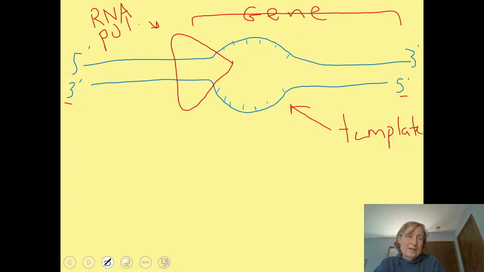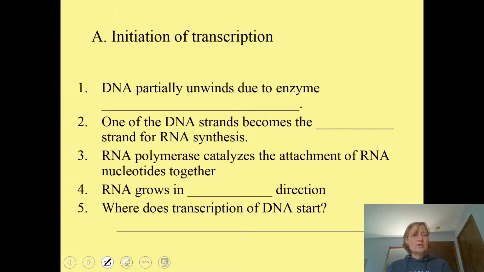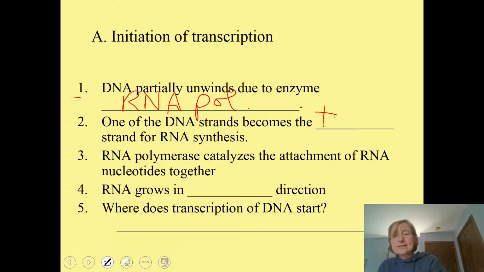The directions are very important in DNA replication and also transcription and translation. What RNA polymerase does then, let's see. First, our DNA partially unwinds due to the enzyme RNA polymerase. Okay. One of the strands becomes the template strand for RNA synthesis.